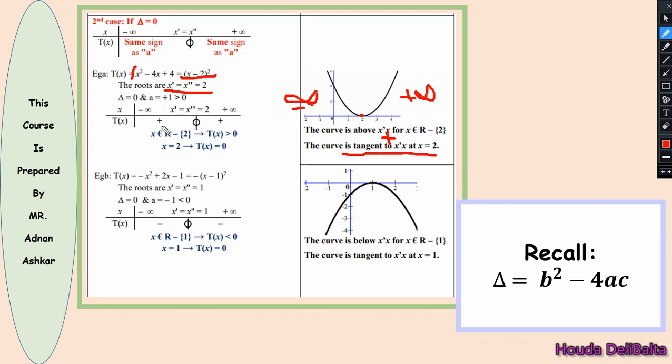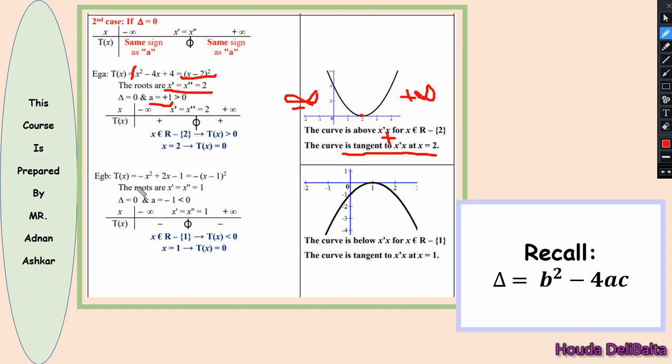Before the root, it is plus, and after the root, it is also plus, and this plus is related to the sign of A. So again, we take the sign of A if delta equals 0. But the difference between this case and the previous case is that there is a root in the middle. In the previous case, when delta is not 0, we don't have a root in the middle. We just put one plus sign or one minus sign.